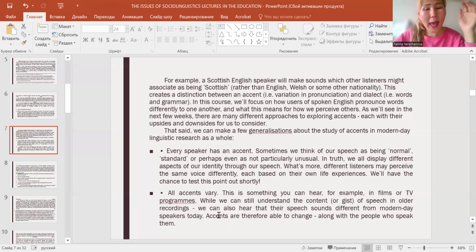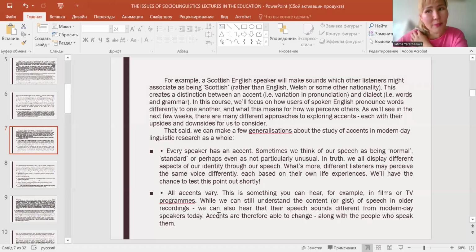All accents vary. This is for sure. You can hear this, for example, in films or TV programs. While we can still understand the content of speech in older recordings, we can also hear that their speech sounds different from modern day speakers.